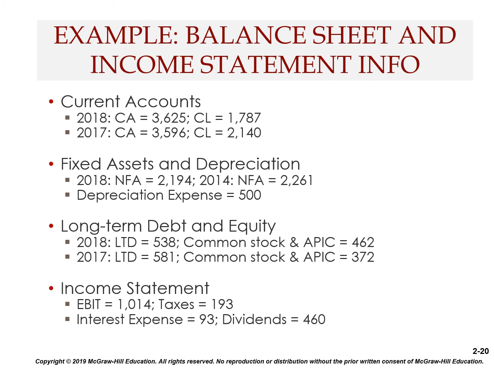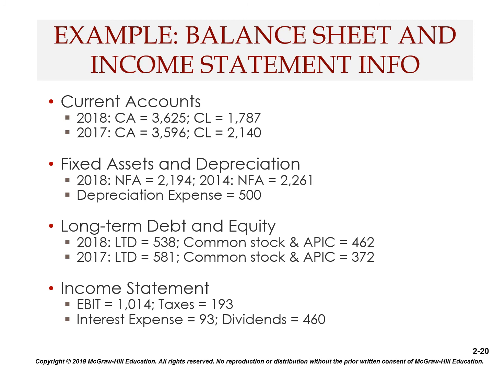So we have everything we need to determine cash flows from assets. Using the formulas in the book, page 33. Remember, to determine cash flows from assets, first we determine operating cash flow, which is found by taking your EBIT, earnings before interest and tax, 1014, add depreciation because it has nothing to do with cash.